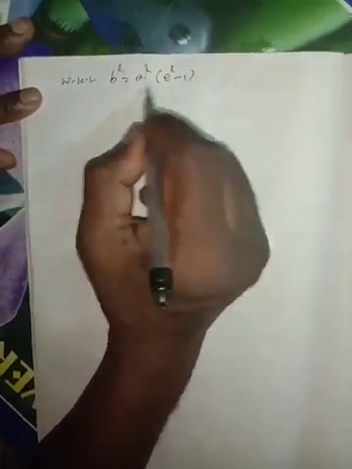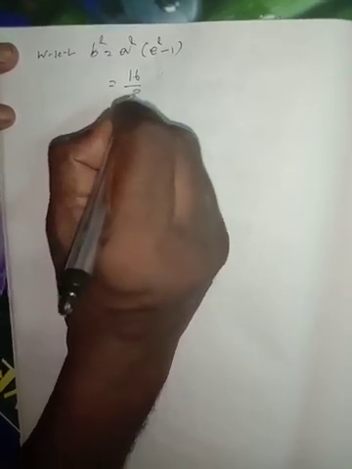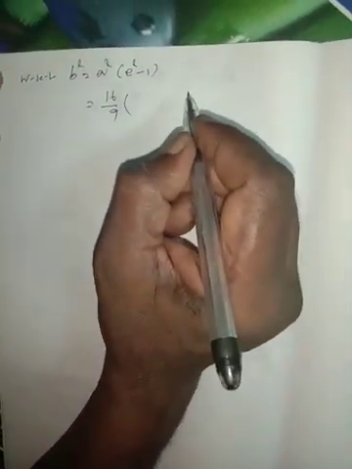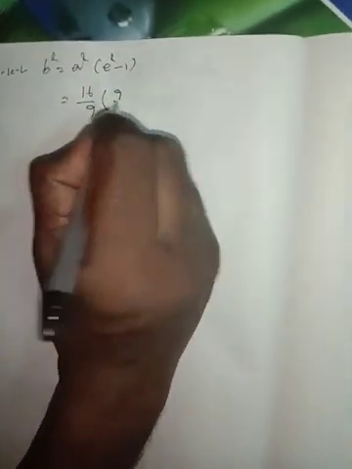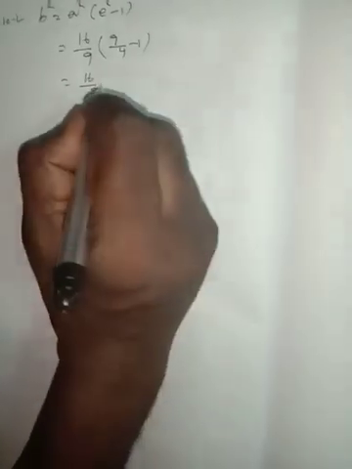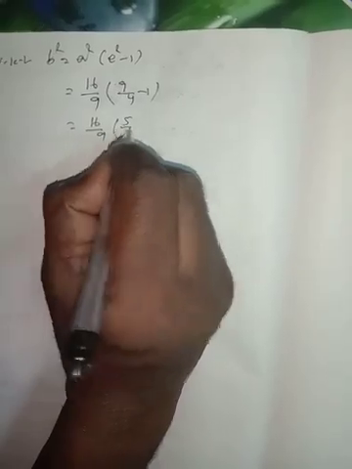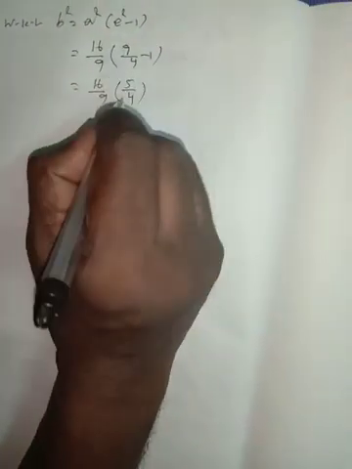In this case, a hyperbola is given, therefore b square is equal to a square into e square minus 1, which is 16 by 9 into (3 by 2 whole square is 9 by 4 minus 1), which is 5 by 4. Now cancelling, we get 20 divided by 9.